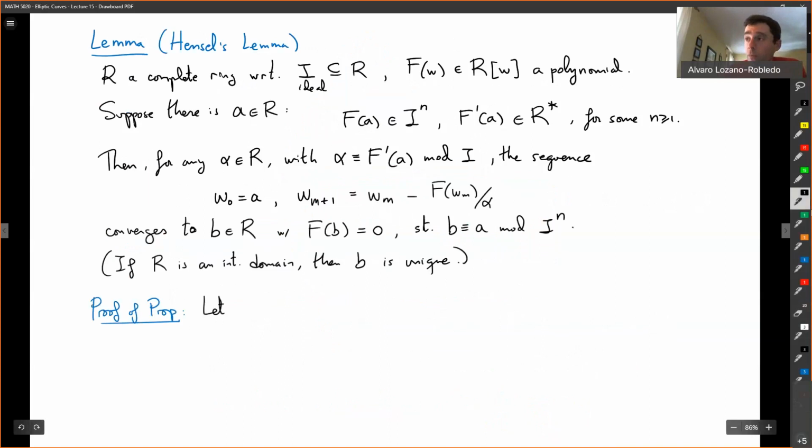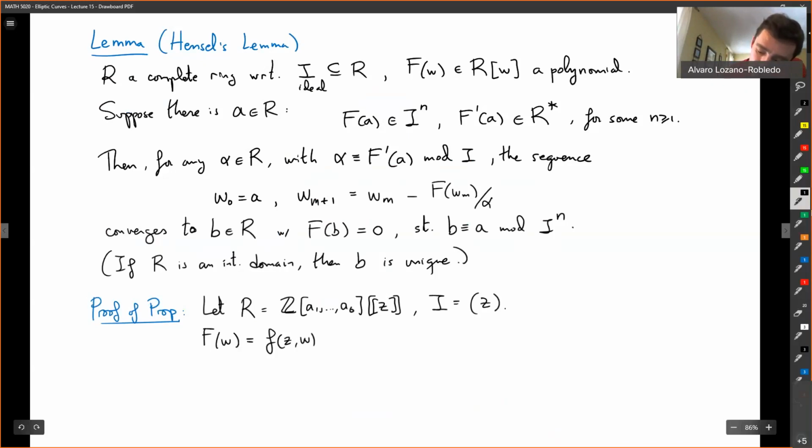So I'm going to pick R to be the power series ring with coefficients in this ring and power series in Z. My ideal, which this ring is complete with respect to, is the ideal generated by Z. I'm going to pick f of w, my polynomial, to be f of zw minus w. And pick a equals 0 and alpha to be minus 1.